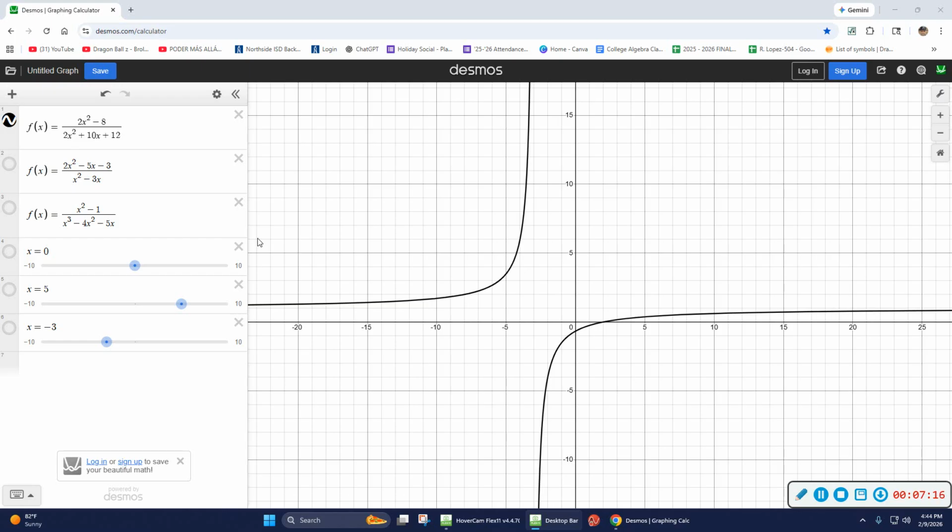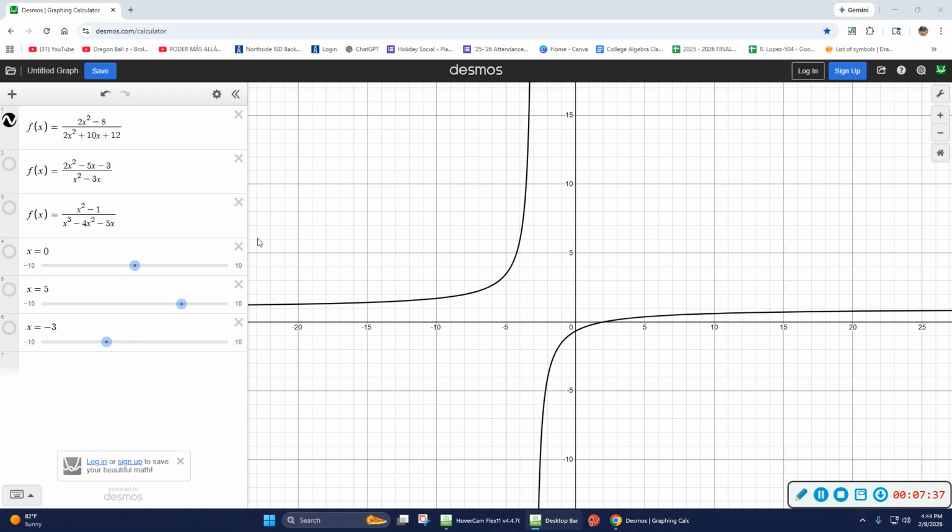Now, I want to show you something that happens here at negative 2, though. When I plugged negative 2 into this function, we got negative 4. When I plug negative 2 into the original function, what should I expect to get? The same solution. But check this out.